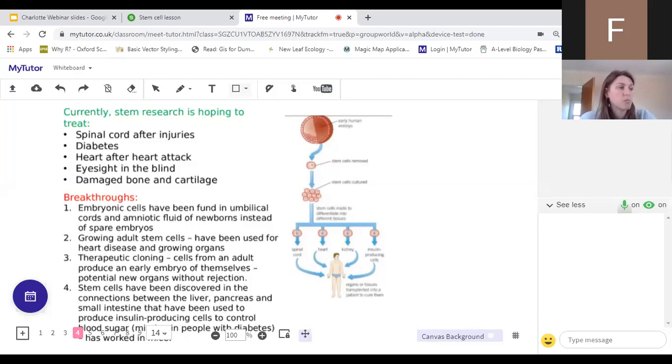Can stem cells help with reproduction? That's a really good question. I haven't heard of them being used in that way.